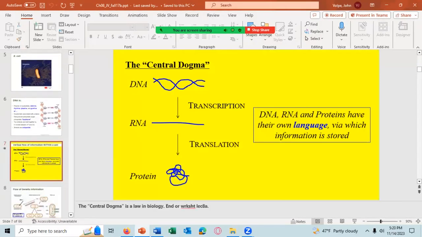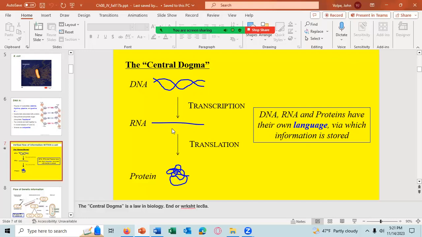All right. In the central dogma of biology, we say that the information in DNA flows to RNA in transcription, and it moves to the protein in translation. So the information encoded in the DNA and the genes of the DNA can be changed into the information in RNA by transcription.